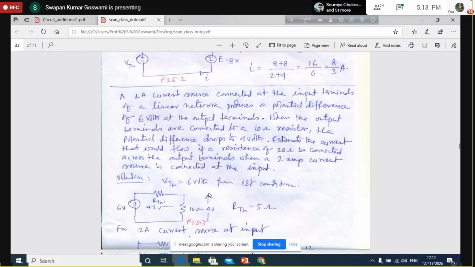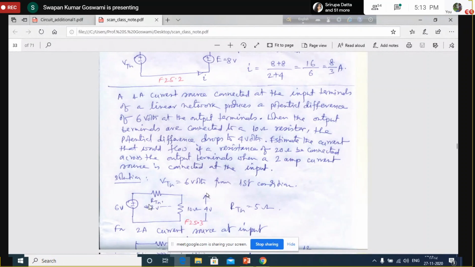Now, what happens when the output terminals are connected to a 10 ohm resistance? Here you are connecting the output terminals through a 10 ohm resistance. The potential difference drops to 4 volt. Now, what happens at the output? This R Thevenin is inside the network. You cannot get it outside. We are showing it here in the equivalent.